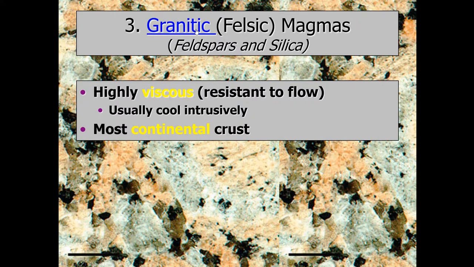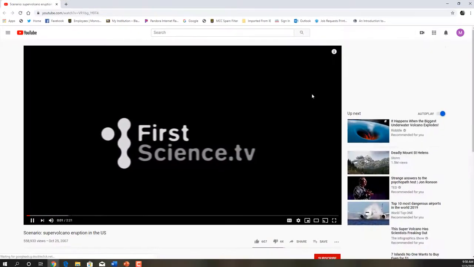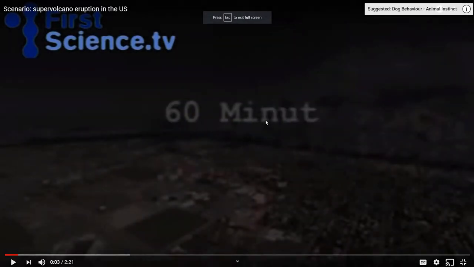And it's really, really bad when granitic magma erupts. It is highly explosive when it does. So this is kind of a dramatization of what would happen if a really large magma chamber of granitic magma erupted. And that is the one that exists beneath Yellowstone National Park, which is considered a supervolcano.